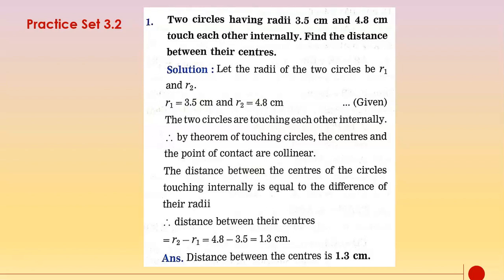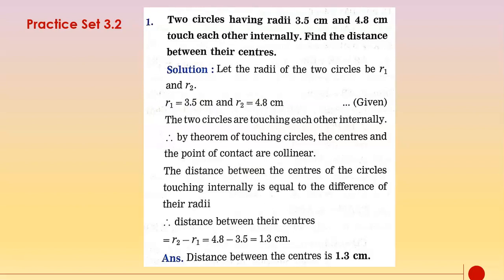Let us start. Let the radii of the two circles be R1 and R2. R1 is 3.5 centimeters and R2 is 4.8 centimeters. This is given information. The two circles are touching each other internally. Therefore, by the theorem of touching circles, the centers and the point of contact are collinear.